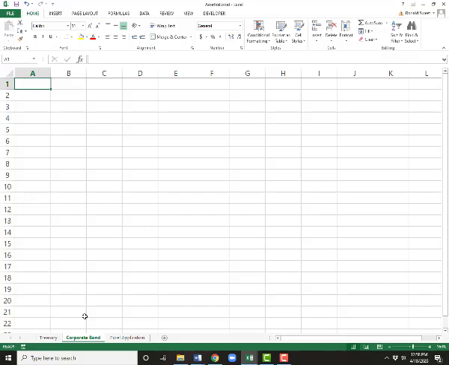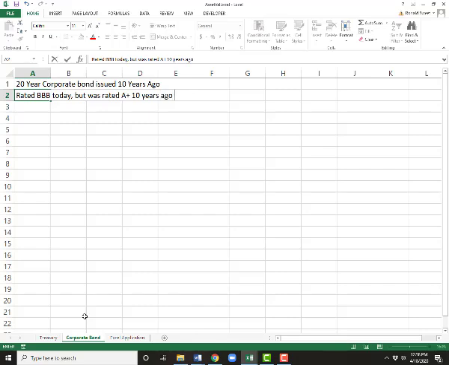So let's say this is a 20-year corporate bond issued 10 years ago. Let's say it is rated BBB today, but was rated A+ 10 years ago at issuance.